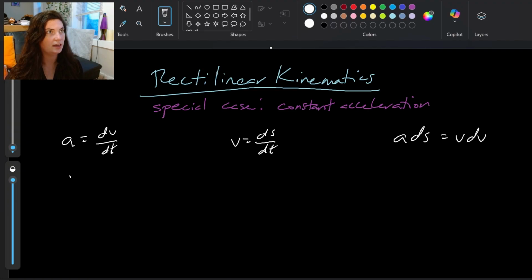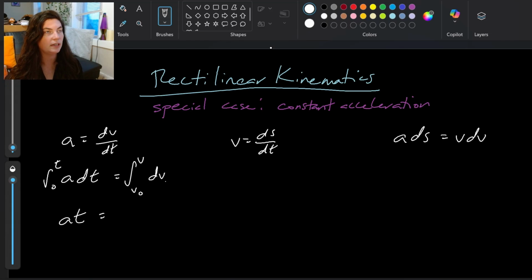So we can say a dt, just rearranging this first equation that we're given here, this a dt, if we integrate that from 0 to t, and then we're left with our dv on this side, if we integrate dv from an initial velocity to a final velocity, what we're going to get is a, and then the integral of dt is just t.